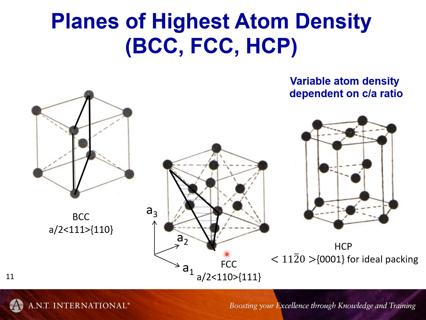Now, a face center cubic material, which has a different crystal structure, is also a close packed structure and is different from a hexagonal close packed material, even though it's close packed. And I'll explain what the difference is now. And all you need to know is that the body center cubic, which I'm not going to be talking about here, very little anyway, is a more open structure.